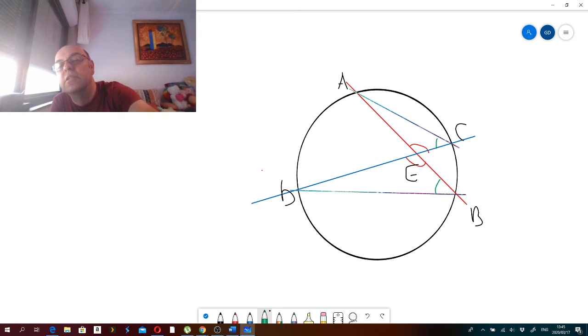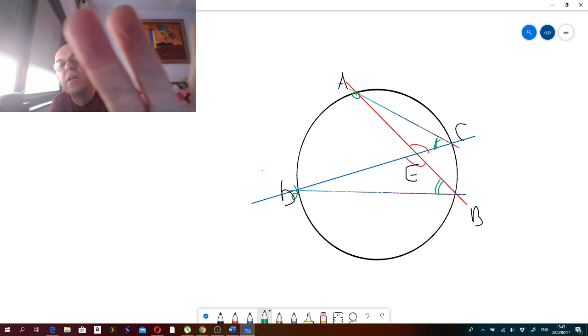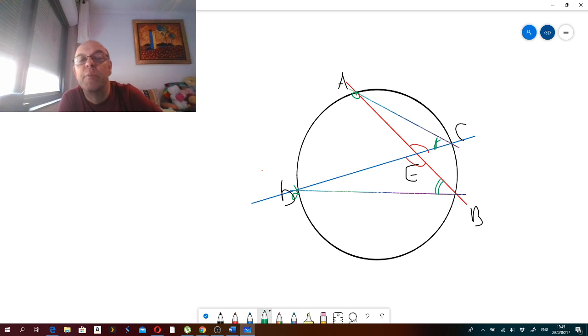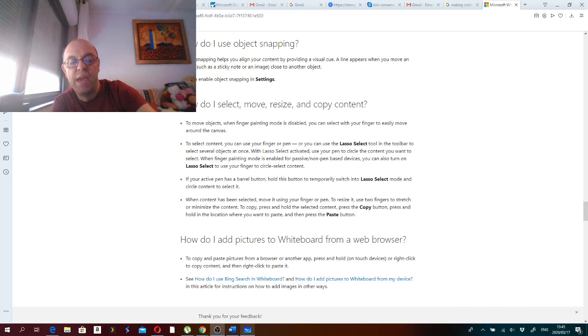These two angles are equal. Why? Well, because they come from the same points A and D. This point over here and this point over here. They both go, C goes from A and D, as does B, and therefore we have two angles that are equal. And we could do the same if we looked at the points C and B.